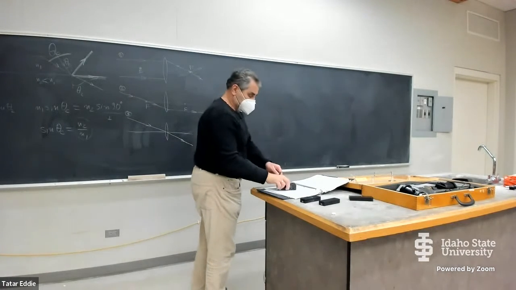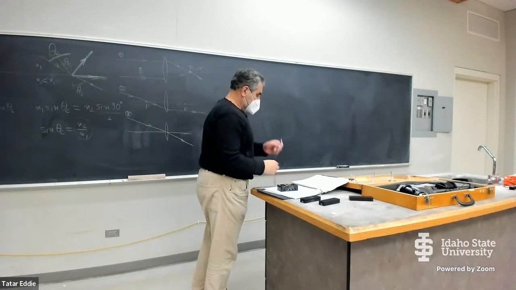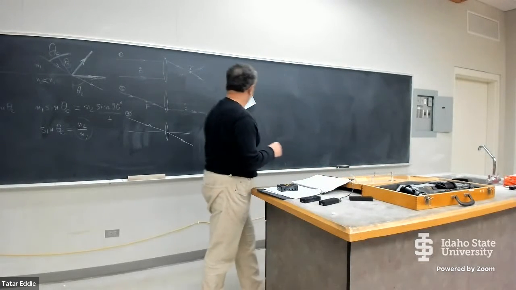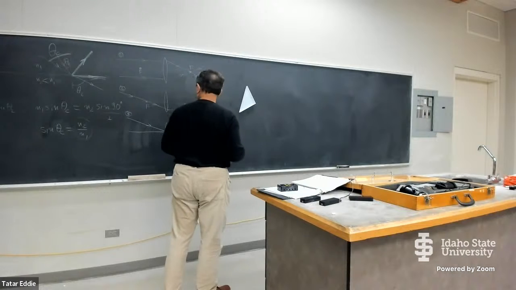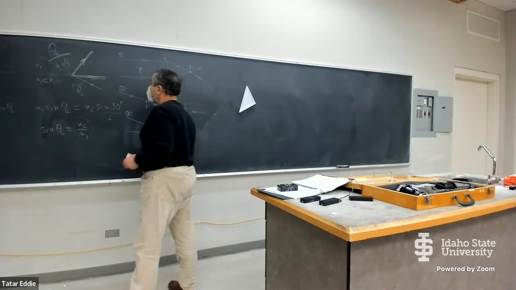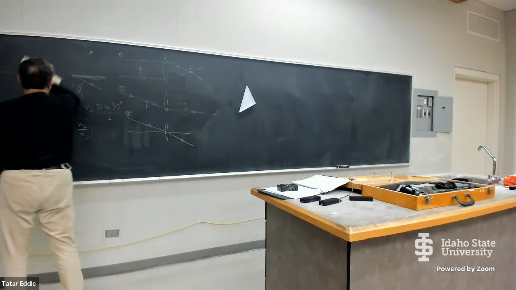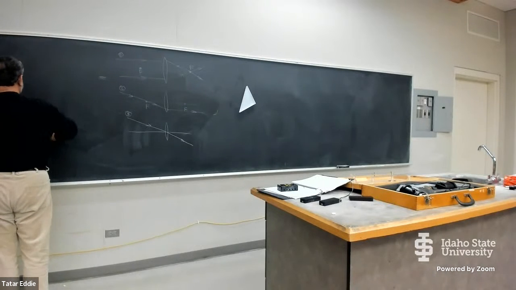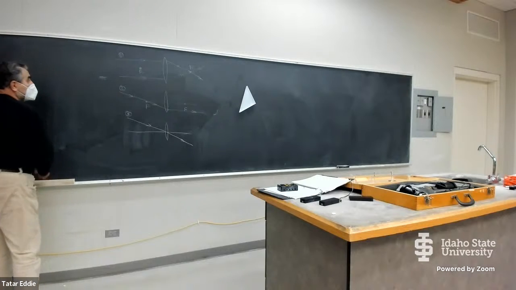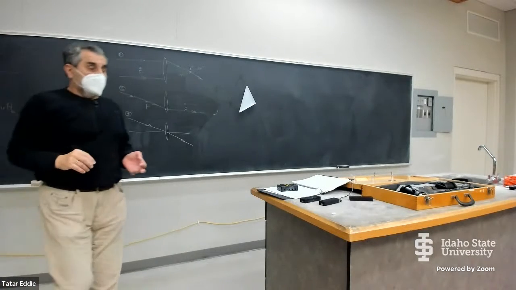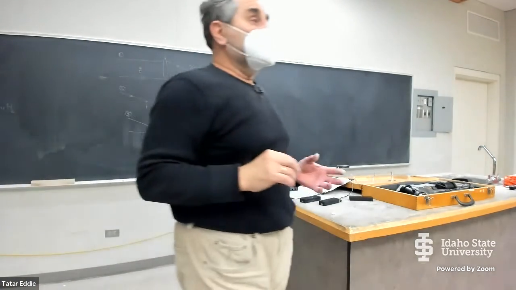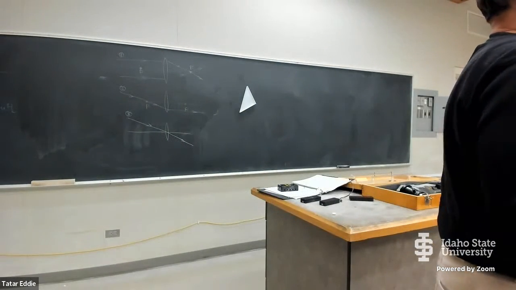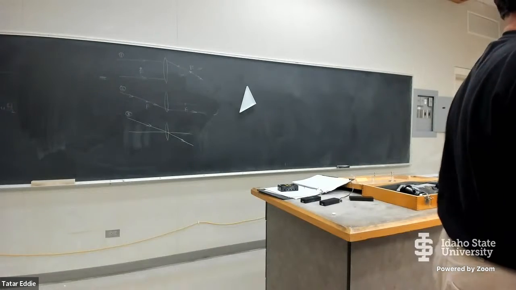Now, let's see how to form an image. Let's do image formation from a converging lens. Depending upon where the object is located with respect to the focal point, the properties of the image are going to be different.